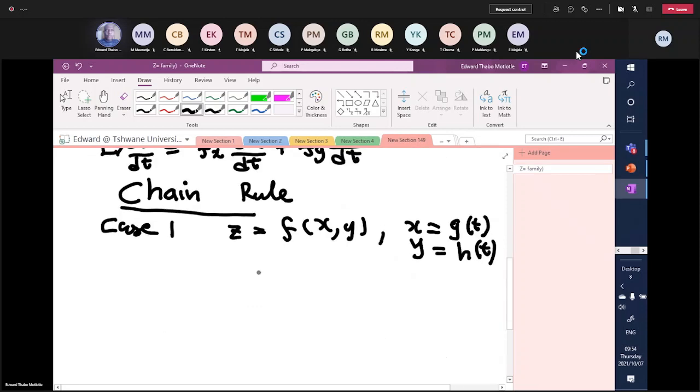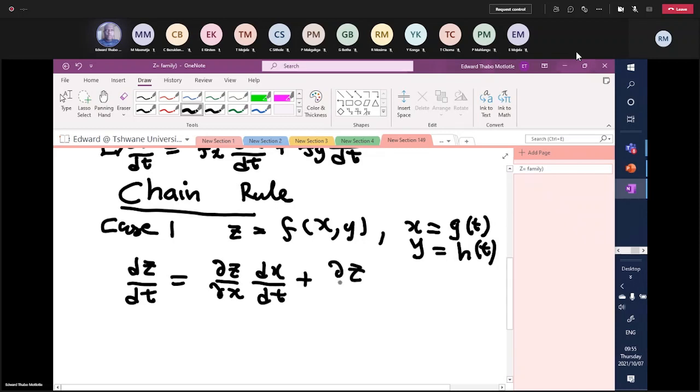If we have this situation, what you are looking for is dz/dt, which is equal to: you differentiate z partially with respect to x, you can use z or f, it's fine, times dx/dt, plus you differentiate z partially with respect to y, times dy/dt.